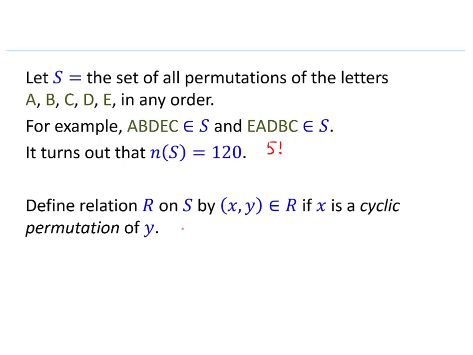Let's say, I'll just make something random, D, B, A, E, C. There is a permutation, and I can make a cyclic permutation of that by maybe starting at A and then moving to the right and then wrapping around from the left. So I can make A, E, C, D, B. So these 2 permutations are cyclic permutations of each other.